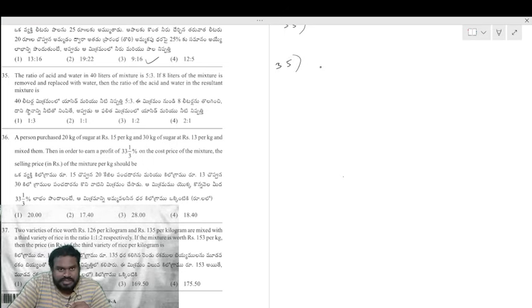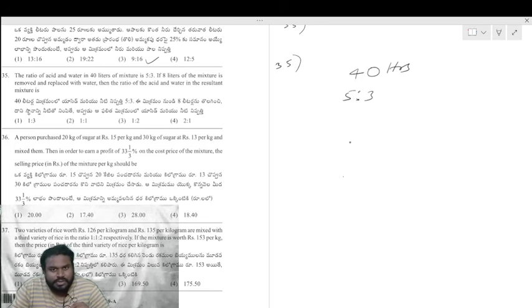The ratio of acid and water in 40 liters. What is the total mixture? 40 liters. In 40 liters, acid and water are in 5:3 ratio. If 8 liters of the mixture is removed and replaced with water, then the ratio of the acid and water in the resultant mixture is? See, how many liters are there?